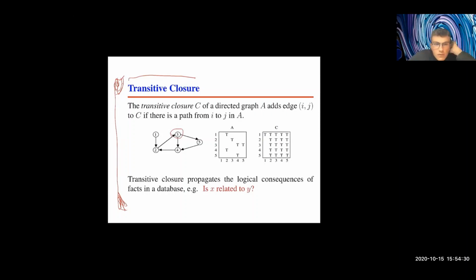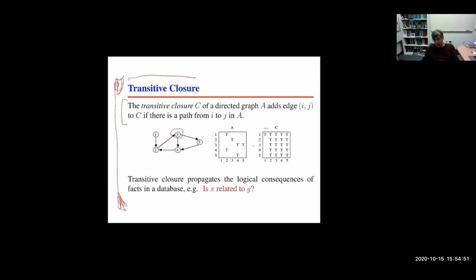Yes. Can you get from 3 to 1? No. So the transitive closure of a graph says basically, let's build a binary matrix where entry ij is going to be true if there is a path from i to j. Any questions about that?